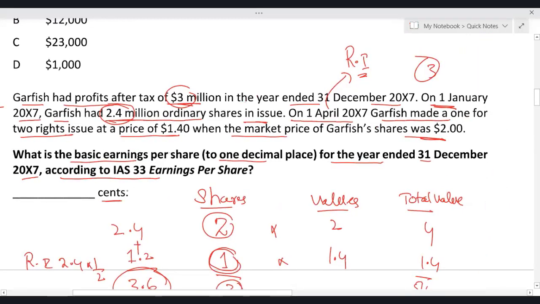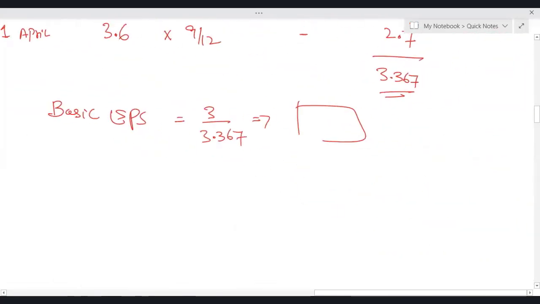One, they need the answer in cents. So logically, whatever comes, you have to multiply that by 100 so that you get the answer in cents. Second, 1 decimal. Please try to understand. Right now, I'm getting $0.891. If you write the answer $0.891, this will not work.